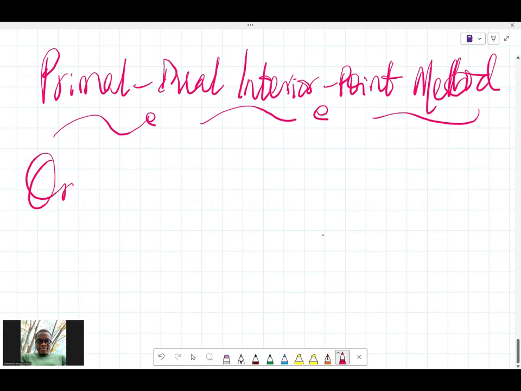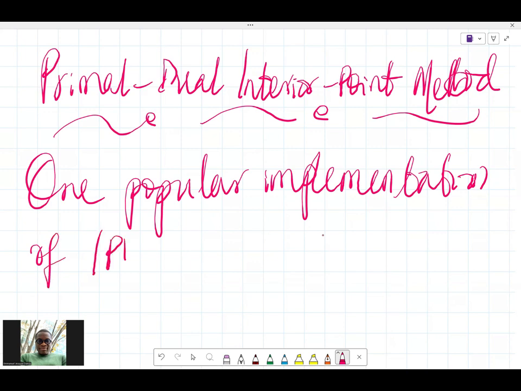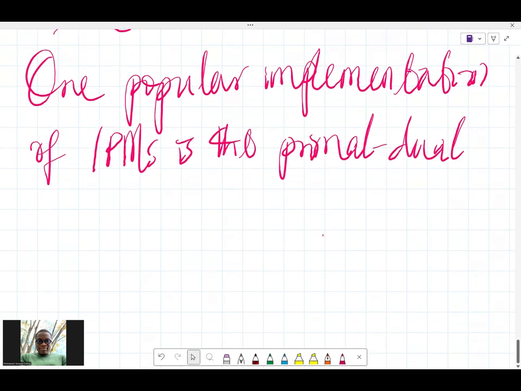So one popular implementation of interior point methods is the primal-dual interior point method.